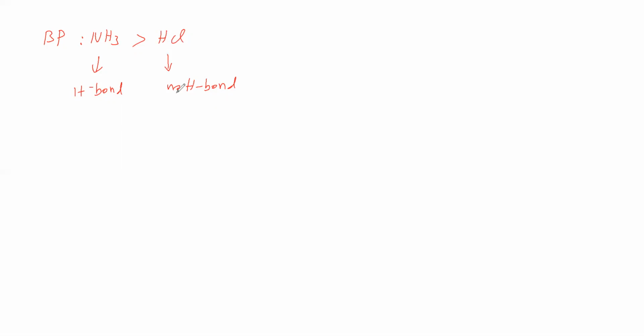So here hydrogen bonding is not there, here hydrogen bonding is there. What is the molecular mass? Ammonia is 17, but HCl is 35.5. So molecular mass we should not consider to explain this boiling point. We have to consider only hydrogen bond to explain this boiling point.